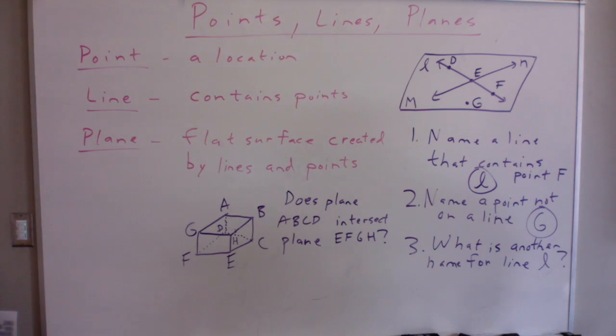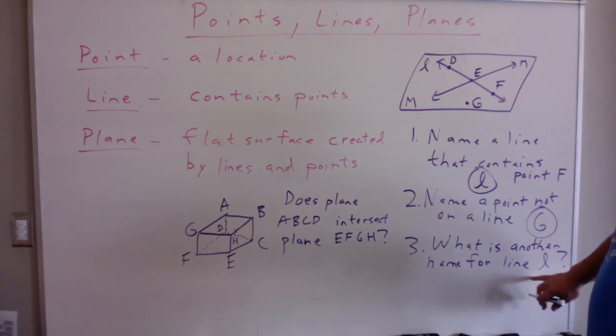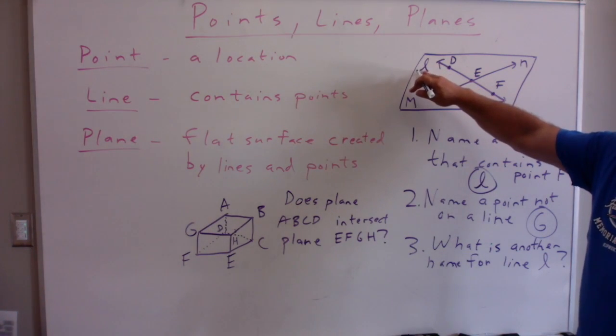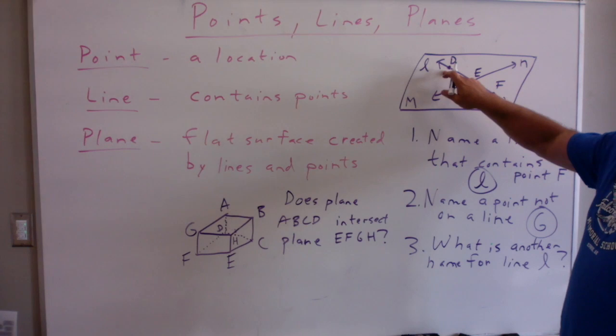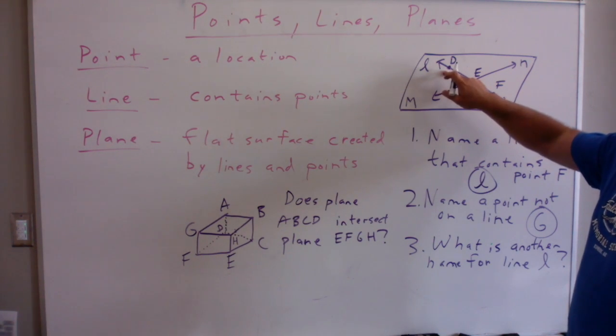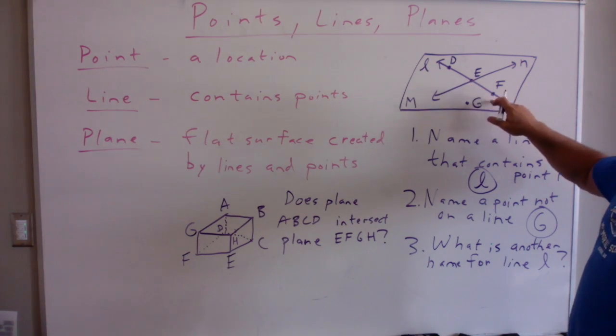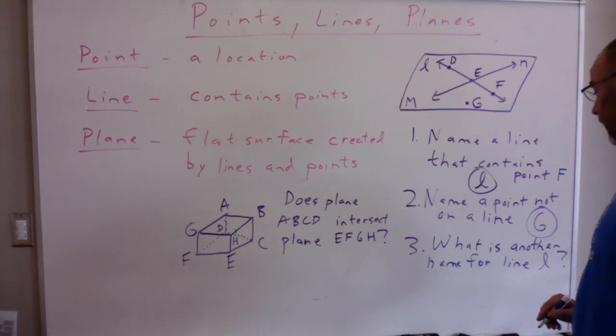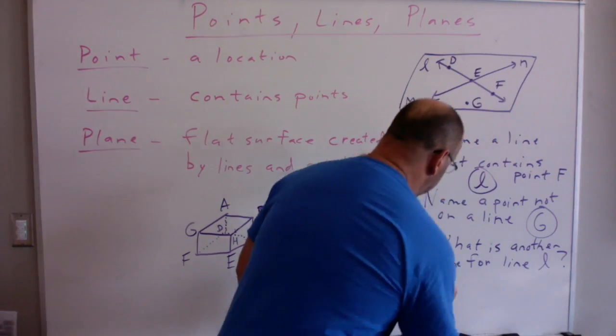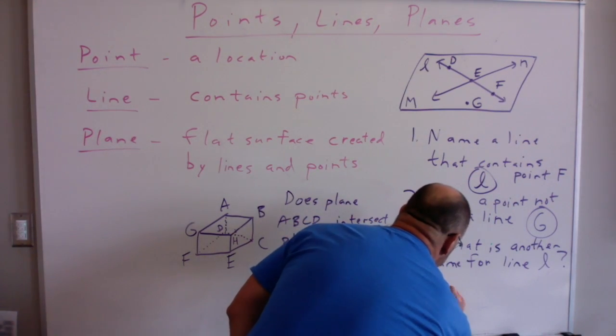And number three, what is another name for line L? How could we rename line L? We could rename it three different ways, four different ways maybe. We could rename it line DE or EF or DF or FD. So there's many ways of doing this. So I'm gonna rename it as DE.